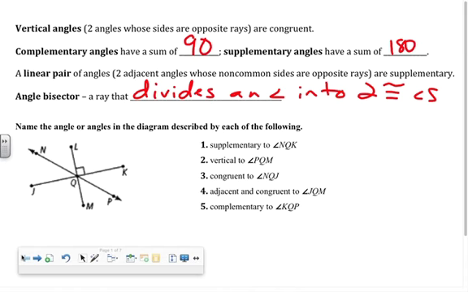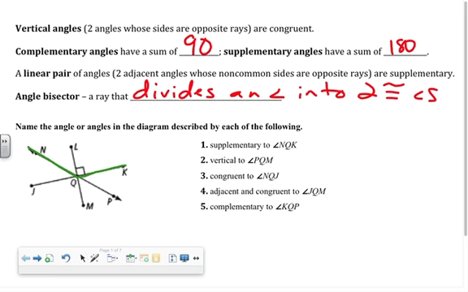So let's take a look at this diagram and analyze it in that context. In number 1, I'm asked for an angle that is supplementary to angle NQK. I mentioned earlier that supplementary is just a mathematical definition, but we also know that angles that form a linear pair are supplementary. So one thing that might be helpful is looking at angle NQK.